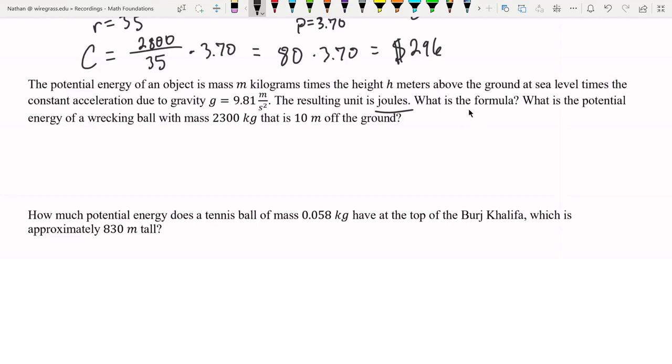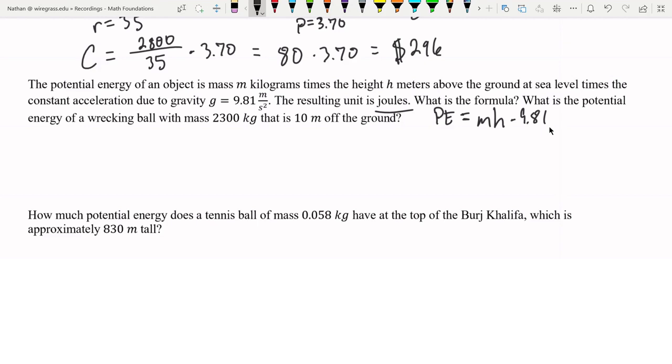So the formula is, it said the potential energy, so I'm going to write it as potential energy of an object is the mass times the height in meters times the constant acceleration due to gravity, g, which is just 9.81. So that's the formula there for potential energy.